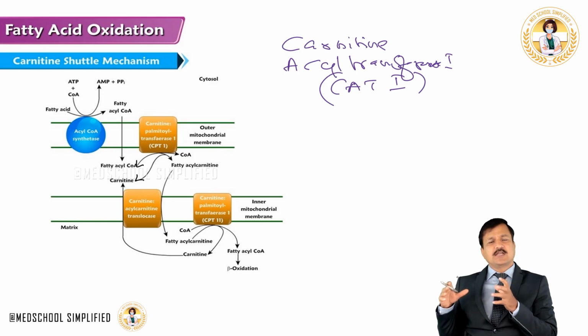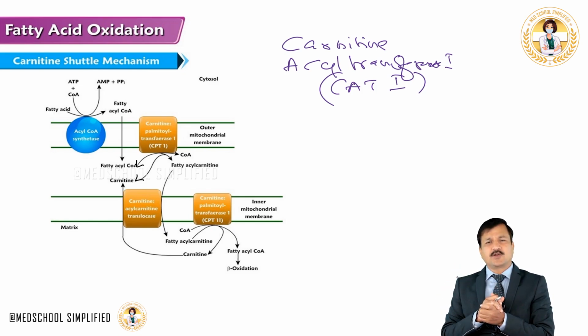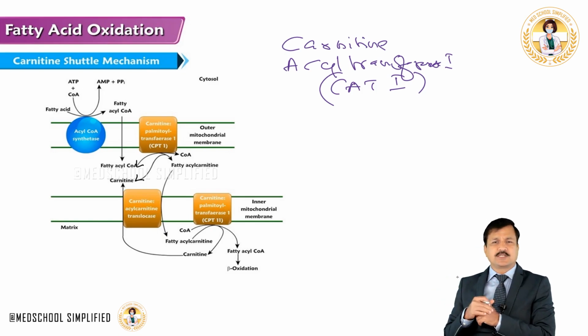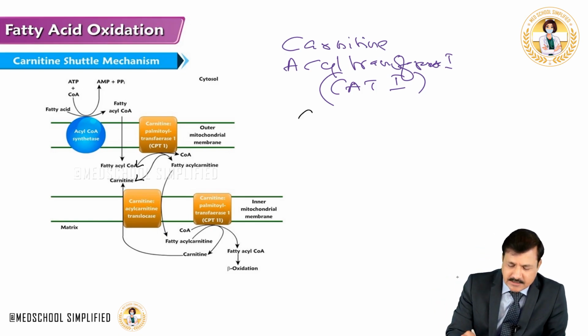And once it is inside the matrix of mitochondria, fatty acyl carnitine reacts with another enzyme, located in the inner mitochondrial membrane, called carnitine palmitoyl transferase 2 enzyme. This can also be written as carnitine acyl transferase 2 enzyme.